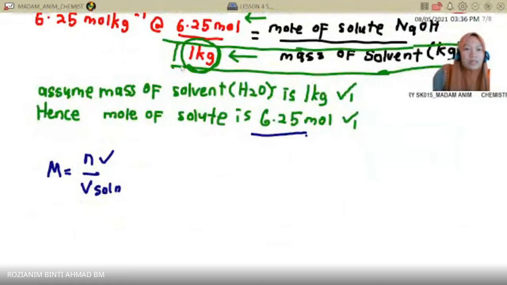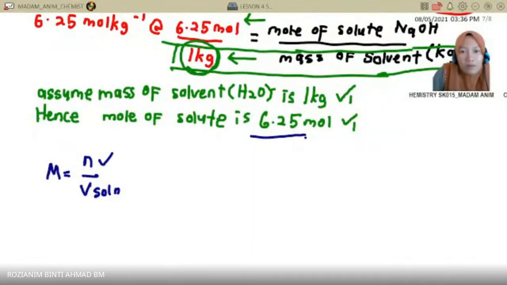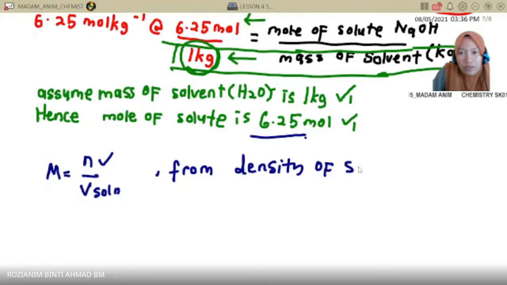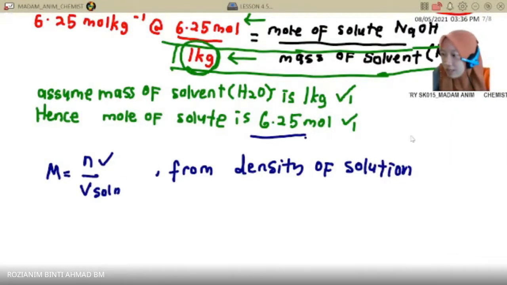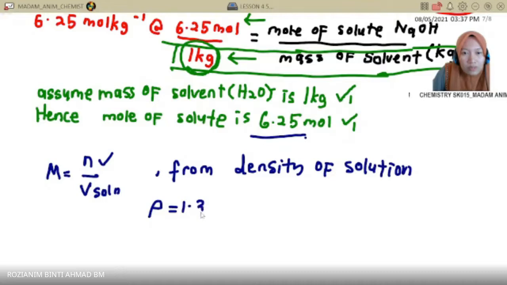Okay, daripada sini, kita boleh take out from the concept value of density, from the density of solution, the data is 1.33. So, density equal to 1.33 gram per ml.